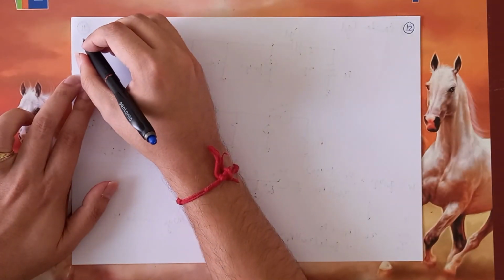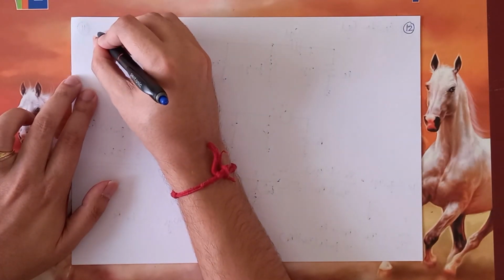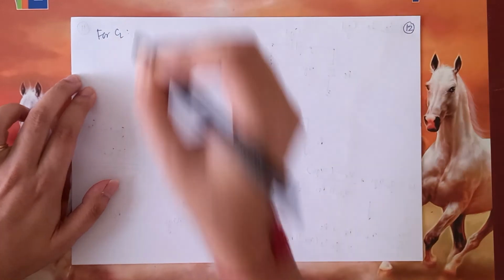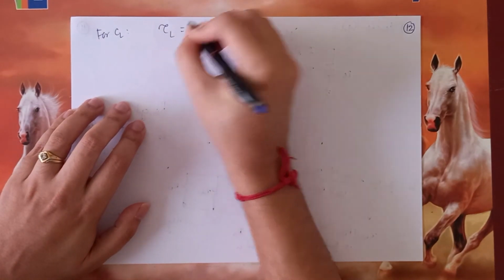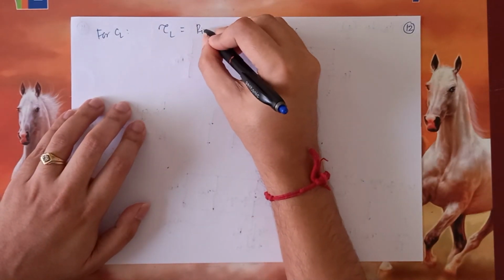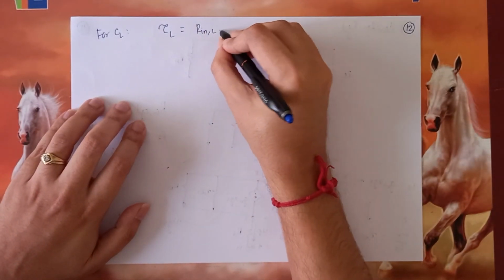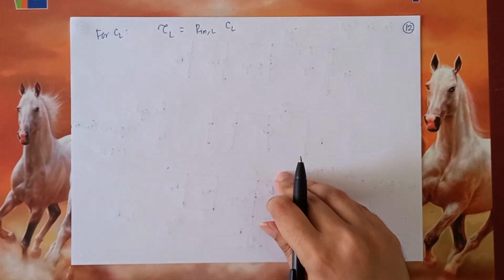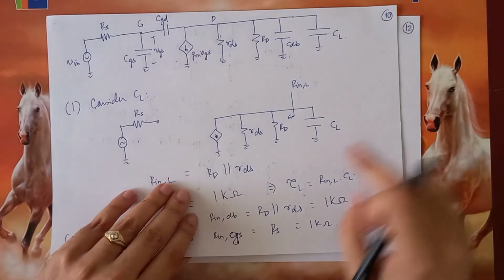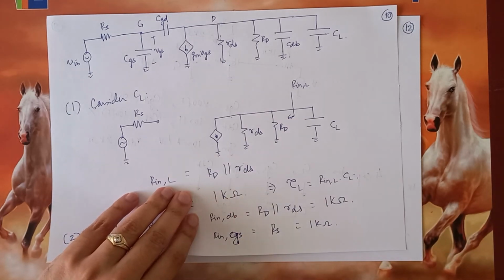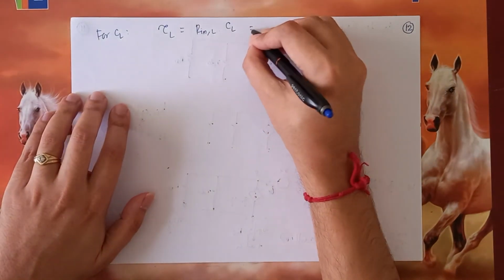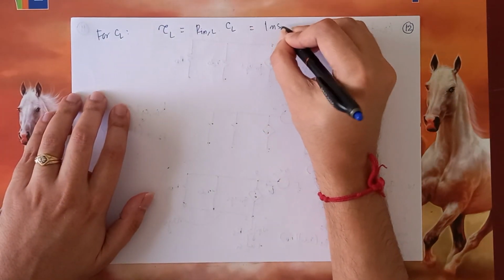So for CL, you will get tau L comes out to be R_L times CL. We have this 1 kilo ohm times 1 picofarad, which is 1 nanosecond.